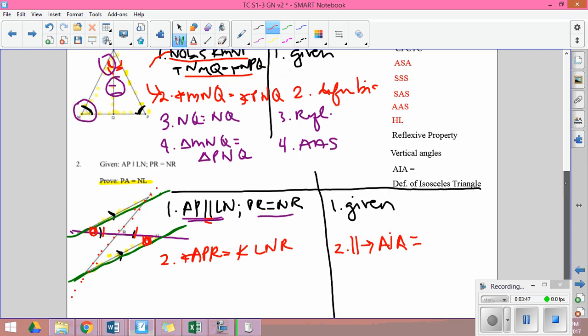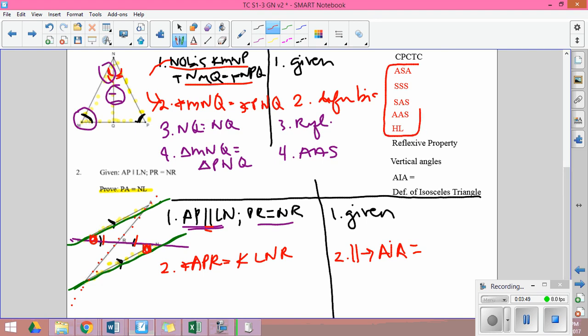So when I'm thinking about my congruency statements, I could look for another angle or another side. I've already mentioned that I could prove these two also by alternate interior or my vertical angles. Both are correct. You can use either one. It does change your congruency statement theorem, but either one is correct.